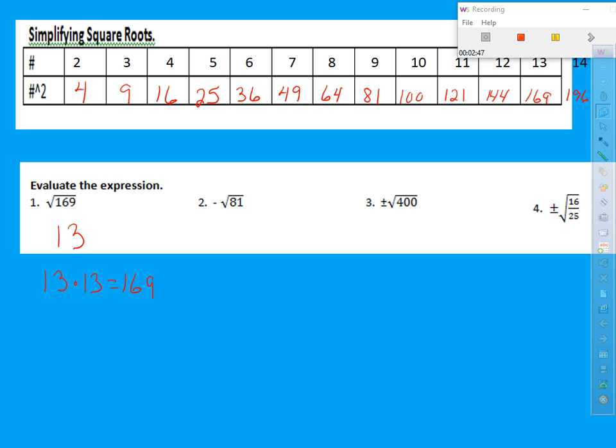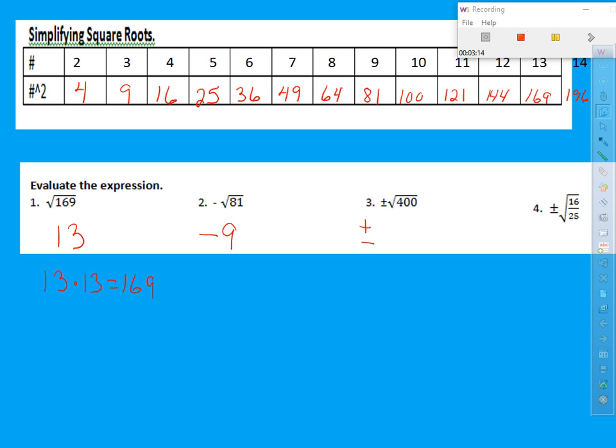So that's what it means. Now my number 2 says the opposite of the square root of 81. Well, let's take care of the opposite of. I know my answer is going to be negative because that's what's out front. The square root of 81 is 9. Here goes my number 3. We haven't dealt with that plus minus out front. That just means there are 2 answers here, a positive version and a negative version.